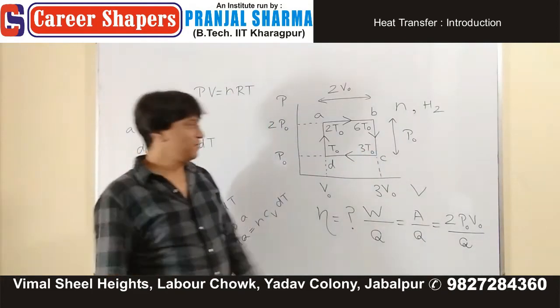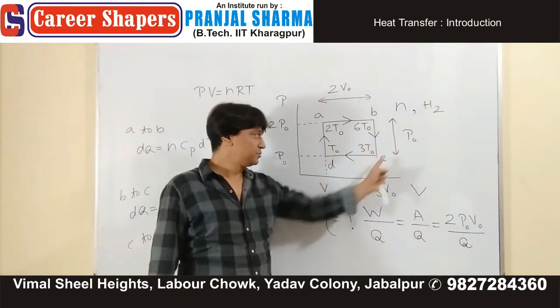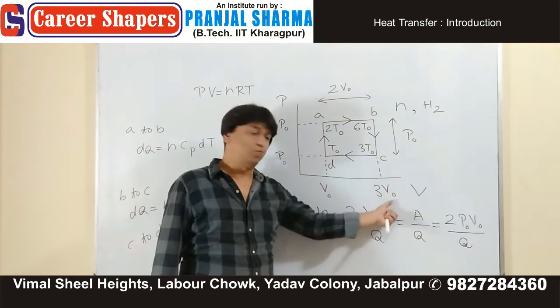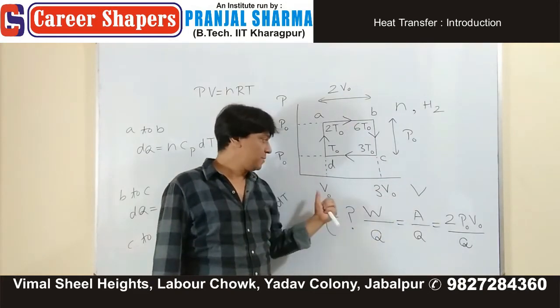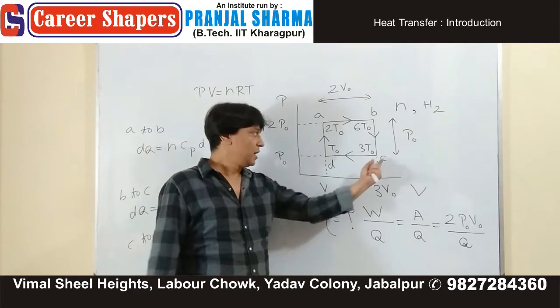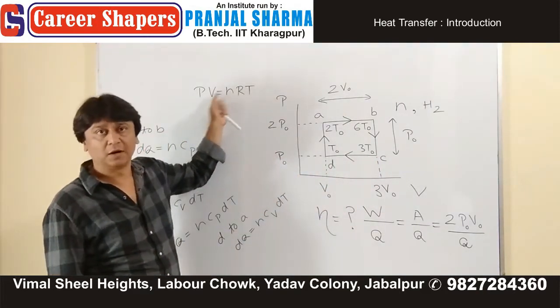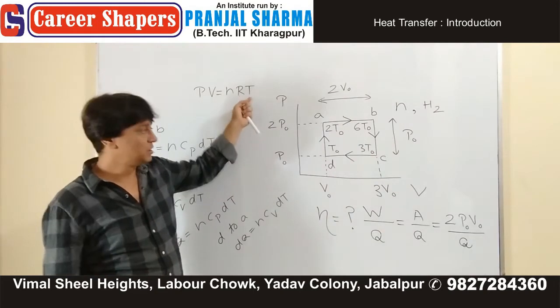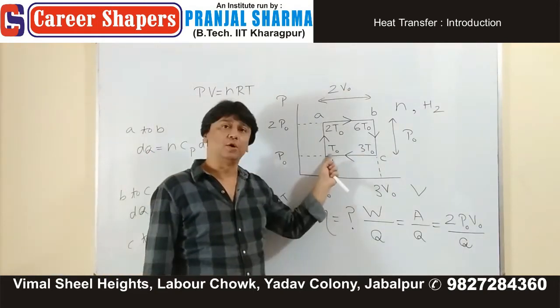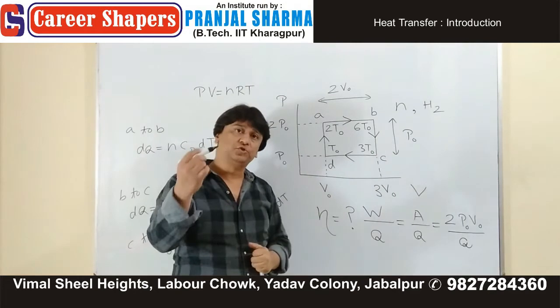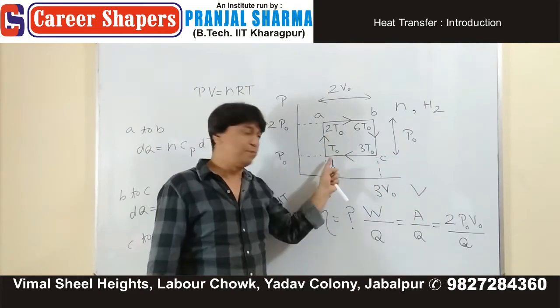Which you can again verify as you move from C to A. From C to A, your volume is becoming 1/3. From 3V naught, it becomes V naught, and you are keeping your pressure constant. If pressure is constant and volume becomes 1/3, that means temperature also becomes 1/3. 3T naught becomes T naught. So we have found temperature at each and every point.